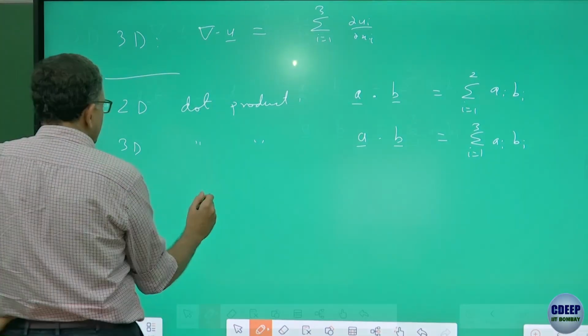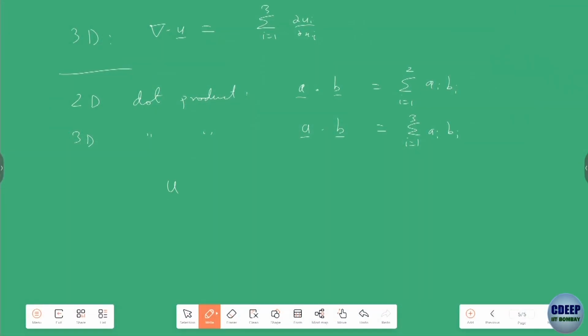For example, suppose you have got a term. You will remember that our momentum equation in 3D looks like this.